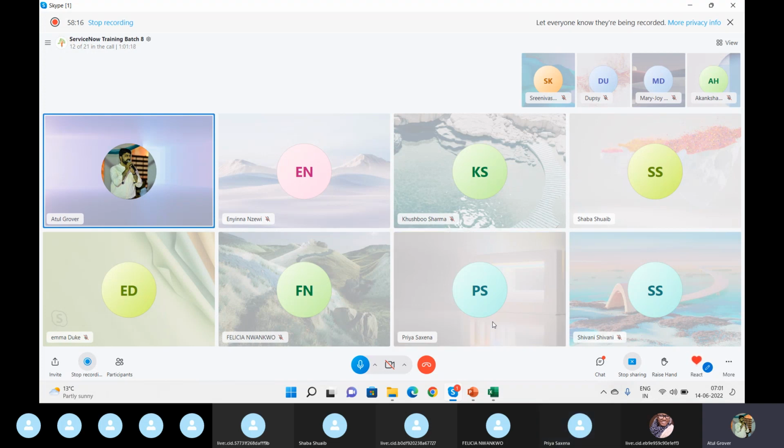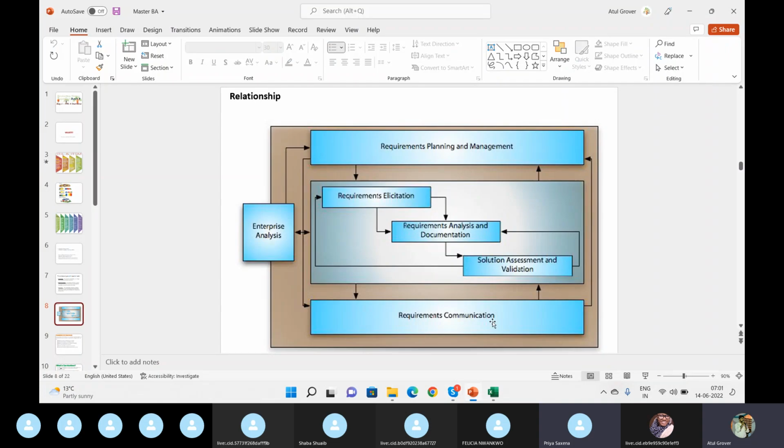Before requirement gathering as well, on the basis of the documentation or the SOW, and in requirement gathering as well, because being a BA, I'm not a technical guy, remember. So I cannot say to my customer, yes, this will be done, when I'm not 100% sure. So I take help from the technical team. If you see here, solution assessment and validation: it means when I get the requirement, I document it, then I go to my technical team.